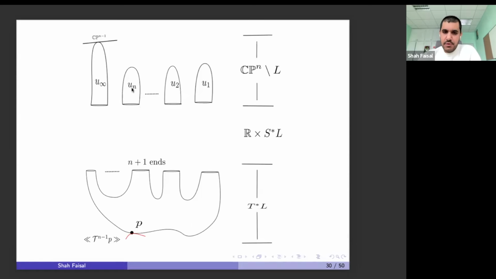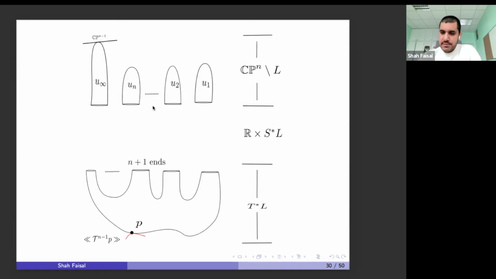So now if you compactify these planes to disks with boundary on L, you get n+1 disks with boundary on L. Now the intersection number of the holomorphic sphere we stretched with the hypersurface at infinity was +1.